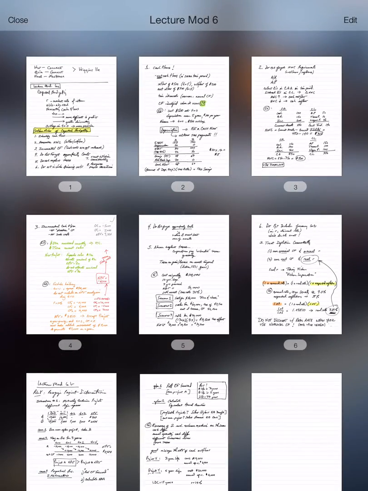Okay, so let's see if we can figure out what we should do. What you want to do is figure out the net present value of project X, so we'll call it NPVX.